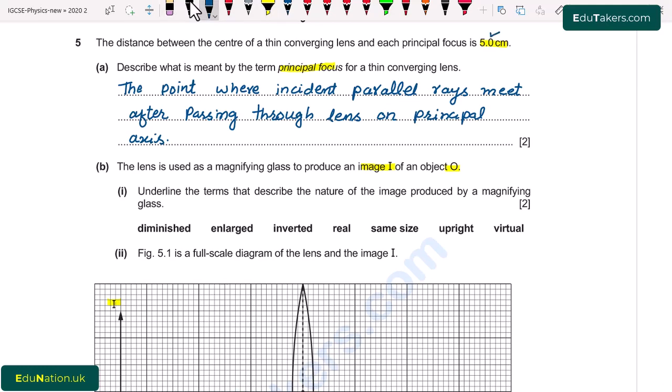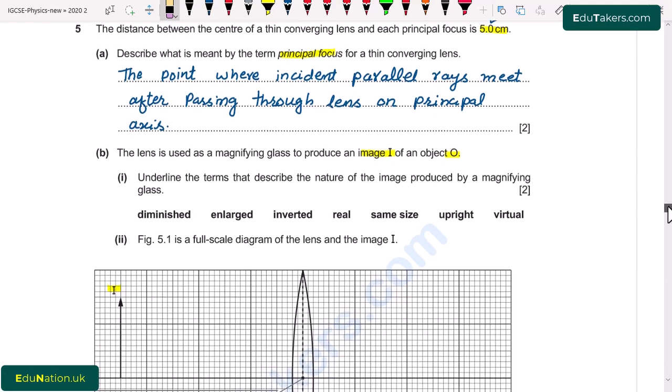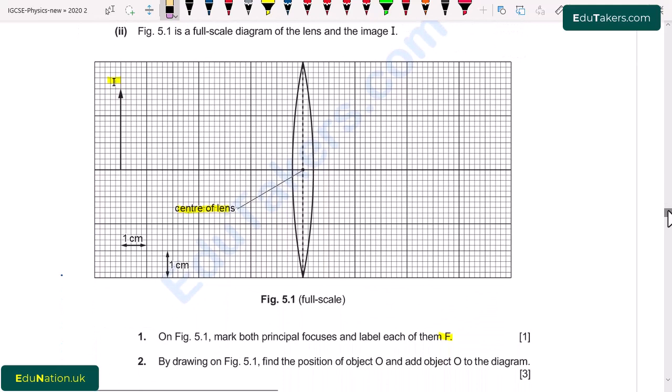So we have to mark the principal focus at 5 cm on this lens. So I am going to mark these points. You can see in the figure that the scale is also mentioned, that from this point to this point it is 1 cm. Same on the vertical, from this point to this point it is 1 cm.